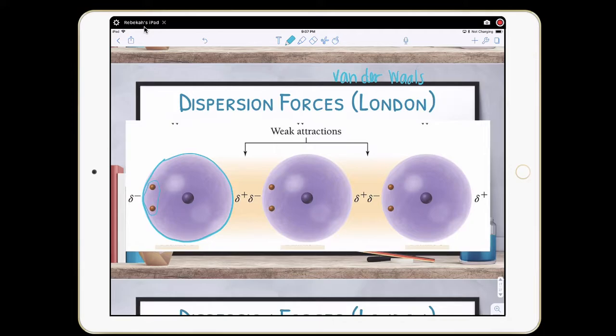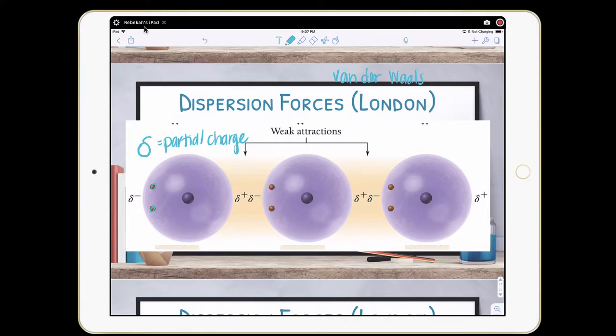Now, let's just say for a given second, all of helium's electrons are over here. That makes this side partial negative. We use this little symbol delta, meaning a partial charge. This is not an ionic charge, and a full charge is different. Partial means it's a little bit negative over here. Why is it negative over here? Because I've got electrons hanging out over here, and electrons are negative. Now look at this side.